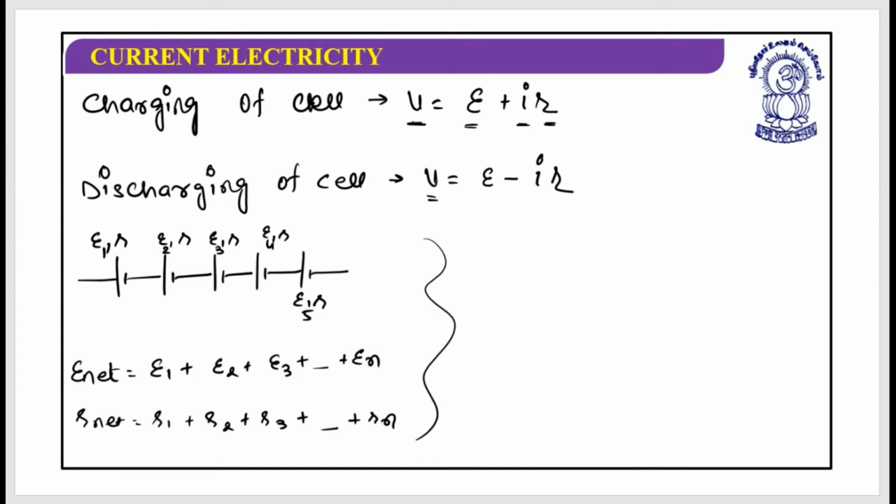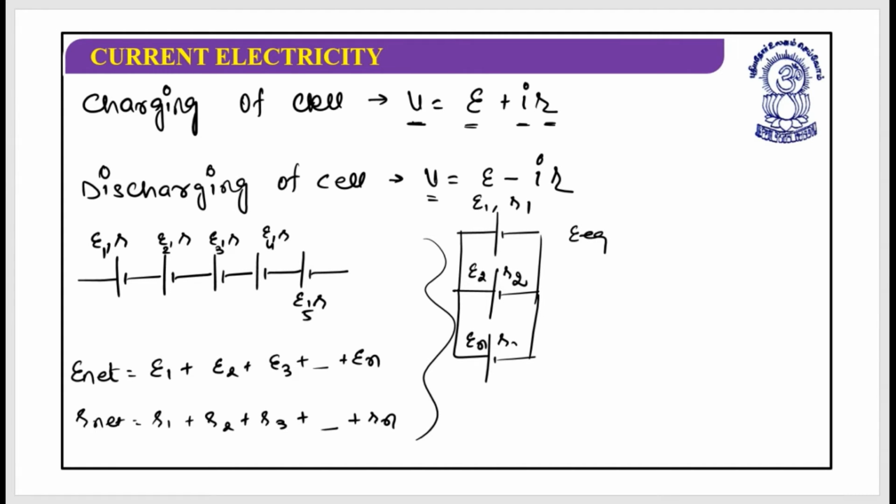When the cells are connected in parallel, something like this, let's say this is E1 comma R1, this is E2 comma R2, this is En comma Rn.